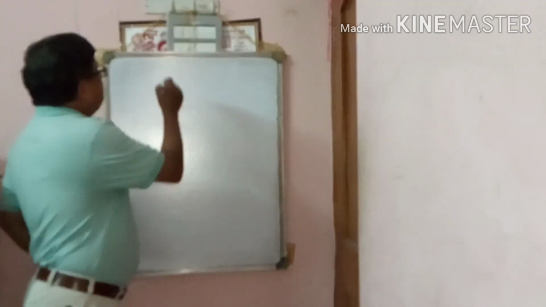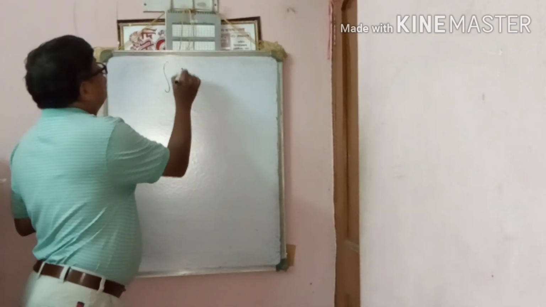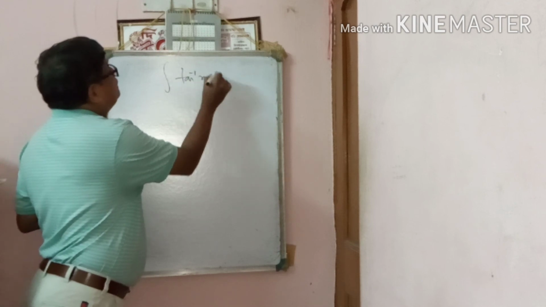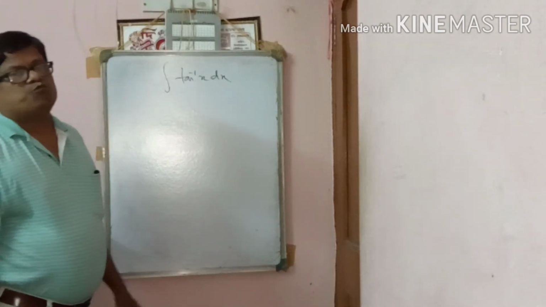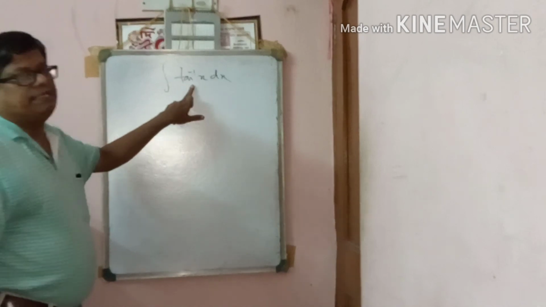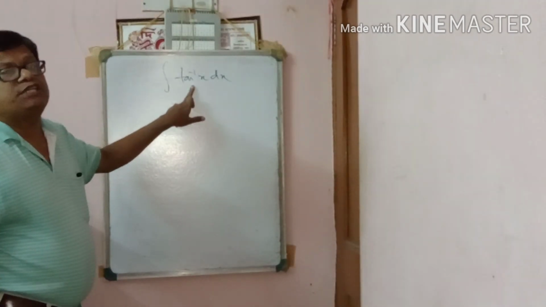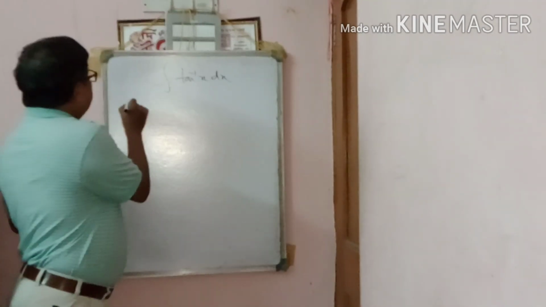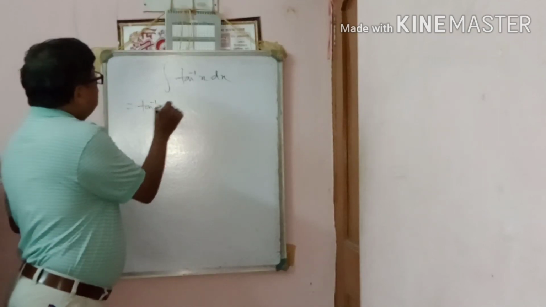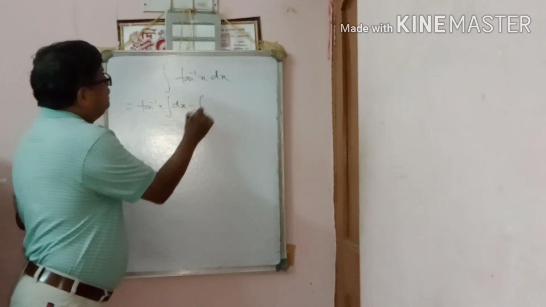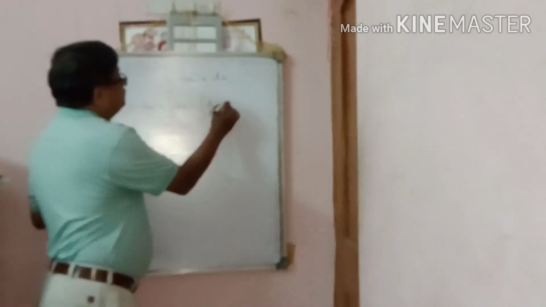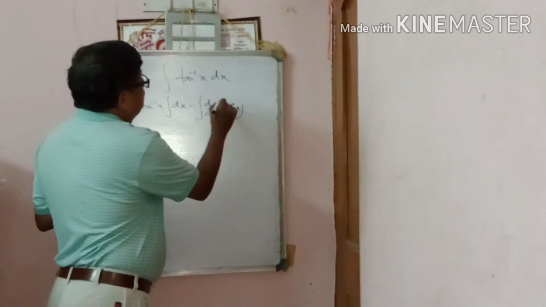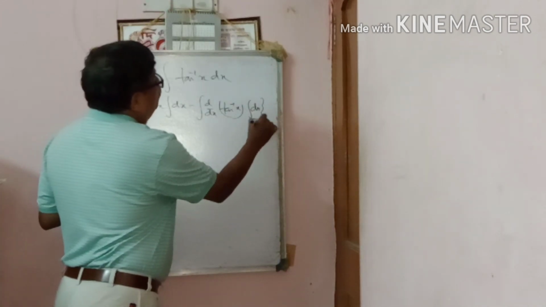Suppose integration of tan inverse x dx. Okay, so here is an inverse function, tan inverse x. So tan inverse x into 1 dx you can write. This is the first function, tan inverse x, integration of dx, minus d/dx of tan inverse x integration of dx, whole dx.